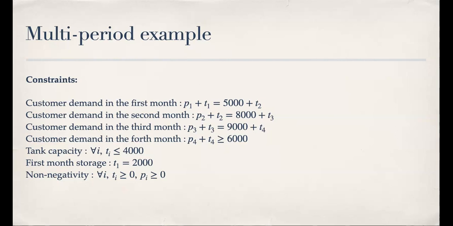You can ask, why don't we put T5 here? Because we don't need anything left after the fourth month, right?